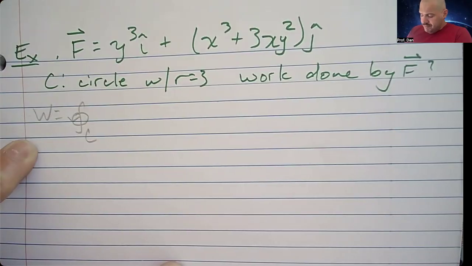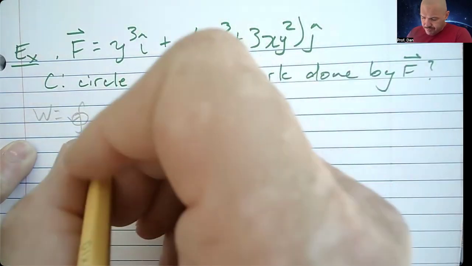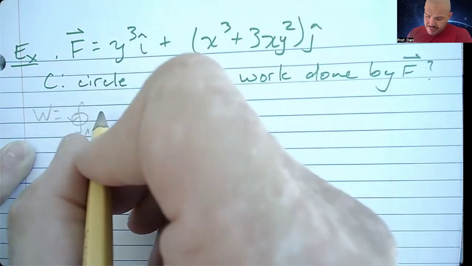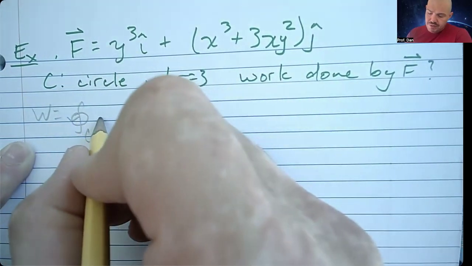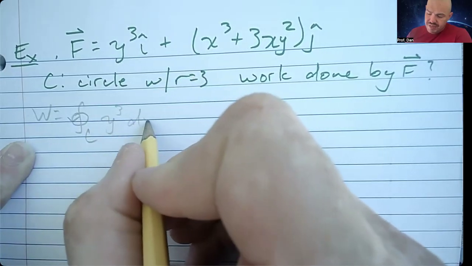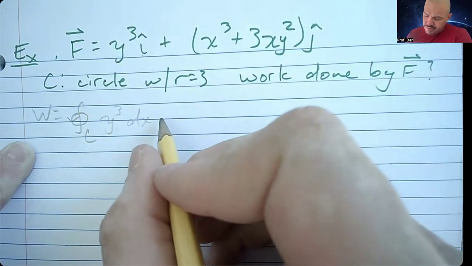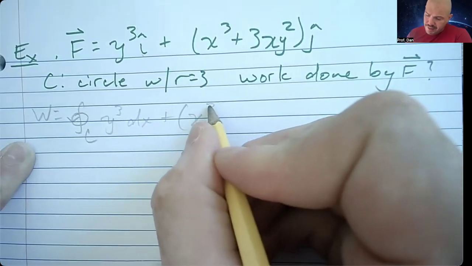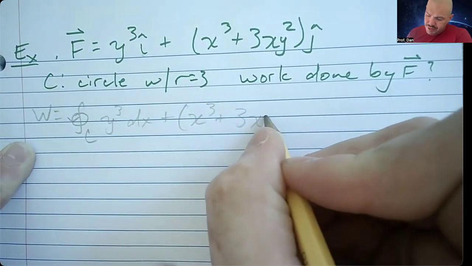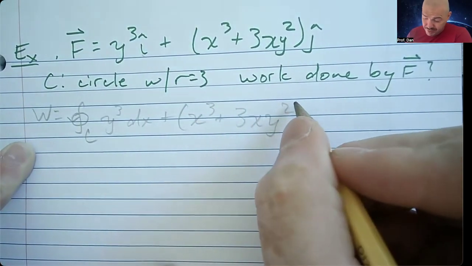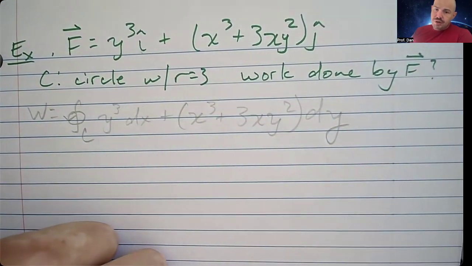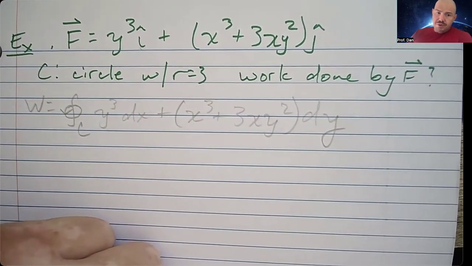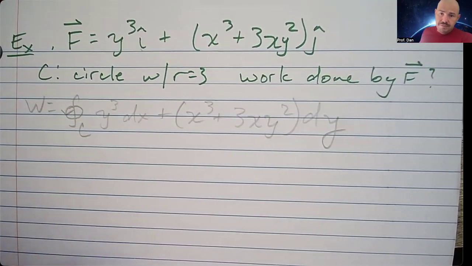And essentially the integrand for this, because of the way that the force field is written out here, I can write this as y cubed dx, because that's the i component, plus x cubed plus 3xy squared, dy. So this is the work that is done by the force field written out as a line integral.